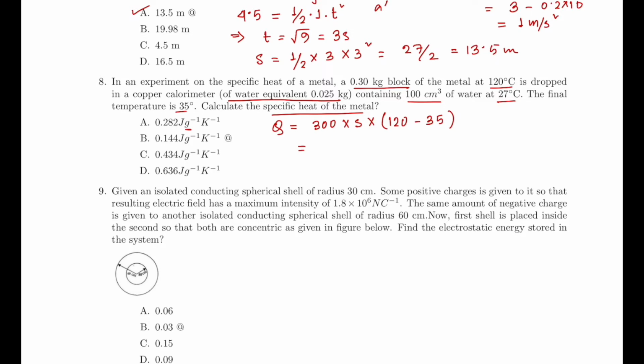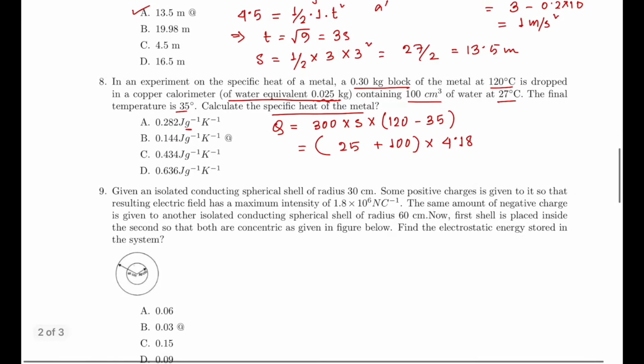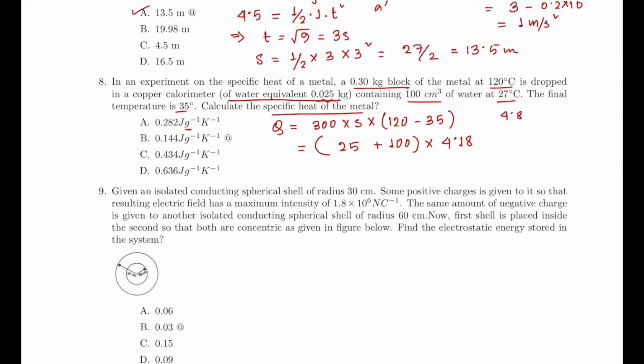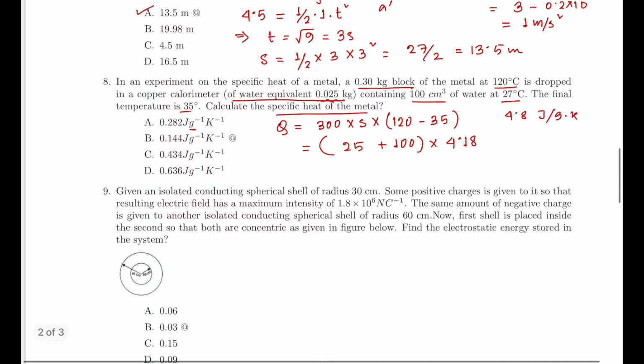So the mass of the calorimeter is 0.025 kg plus the mass of the water of 100 cc, which is basically 100 grams. Sorry, this is 25 grams. 0.025 kg is 25 grams, into 4.18, which is the specific heat of water, 4.18 joule per gram Kelvin, into 35 minus 27.